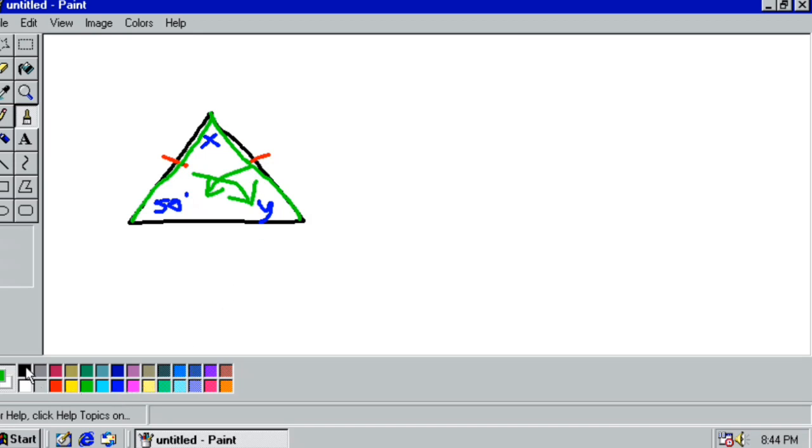So that means our y is 50 degrees, since these are identical. Now let's find x. As I said earlier, for the third time, all interior angles of a triangle add up to 180 degrees. So 50 plus 50 is 100, and 180 minus 100 is 80.